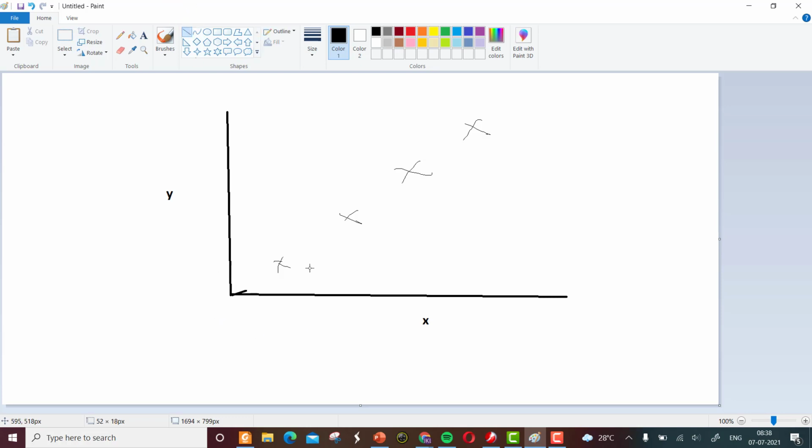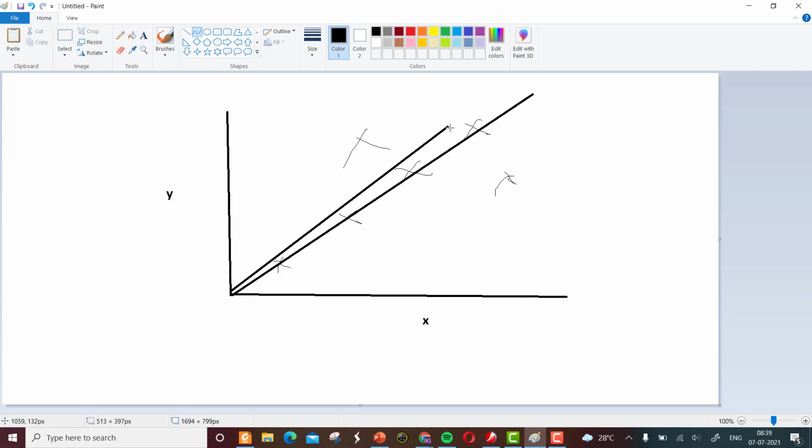It can be a straight line joining all the points, or it can be a curved line. It depends on the values. In this case, more or less the values are on a straight line. Suppose you have one value like here and here. That means these values are deviating from the main straight line. So better than a straight line, a curved line.